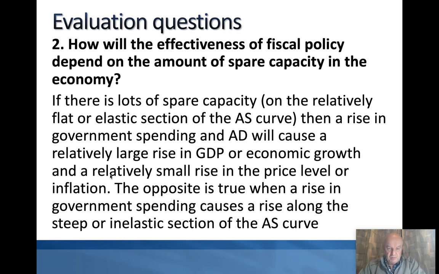supply and demand. But if we assume that we've got lots of spare capacity, so we're on a relatively flat section of the AS curve, then the rise in government spending and aggregate demand will cause a relatively large rise in GDP or economic growth, and a relatively small rise in the price level or inflation, because clearly if we've got extra capacity, we may not need to employ more people, and wage bills may stay the same.